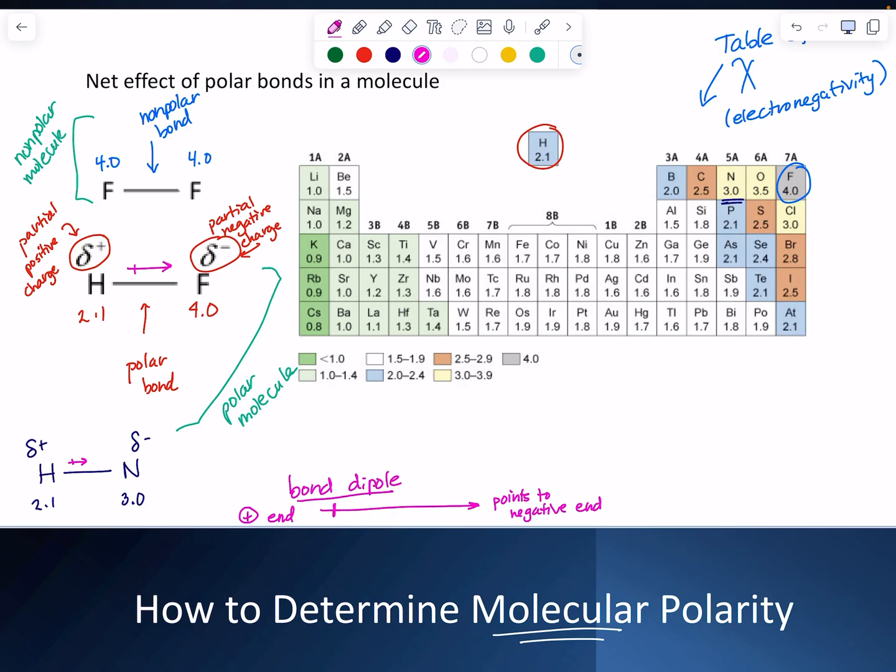There's going to be less of a separation of charge, which means that if I'm keeping track of the time my bonding electrons spend around the hydrogen, in this bond down here the hydrogen is going to see more of the electrons' time than in this bond up here. So there's going to be a much smaller difference between the magnitude of these charges than there is between those.